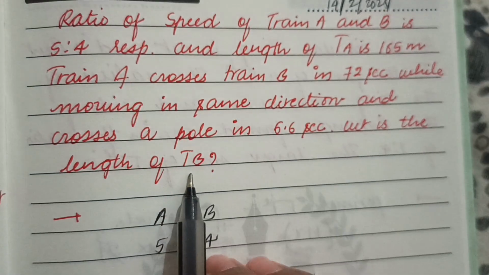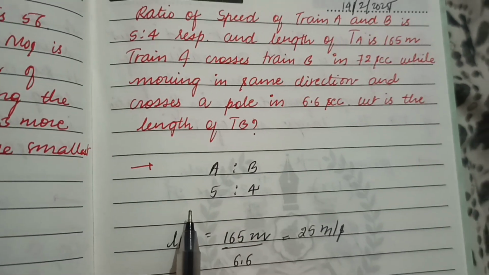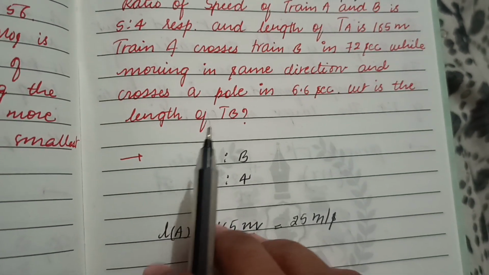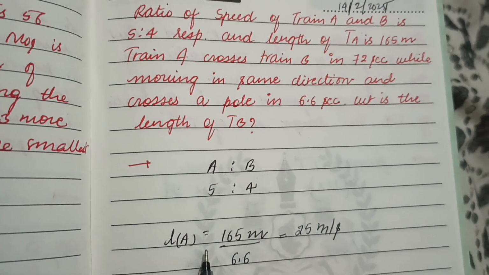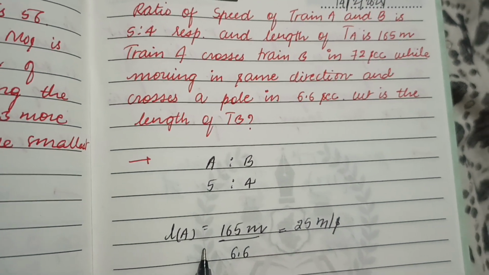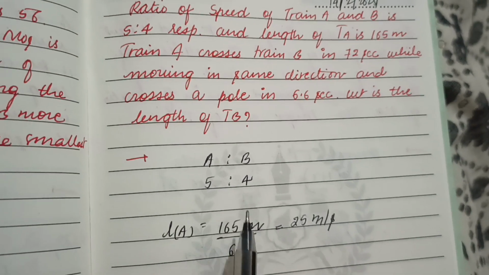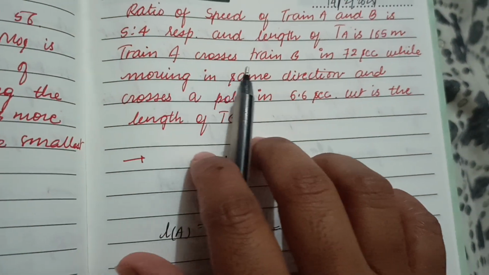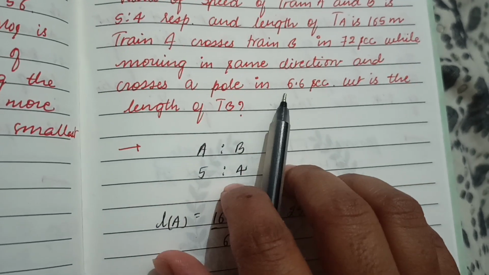So what is the length of the train B? Here, as we can see, the speed ratio of train A and B is given, that is 5:4. Also they have given the length of the train A, which is 165 meter, and that it crosses a pole in 6.6 seconds.